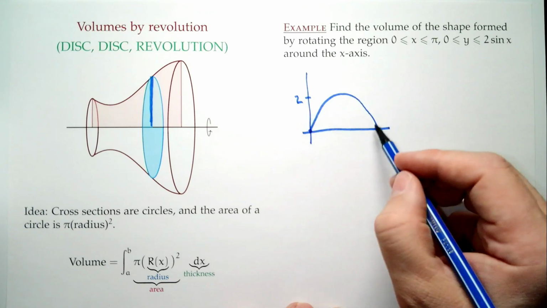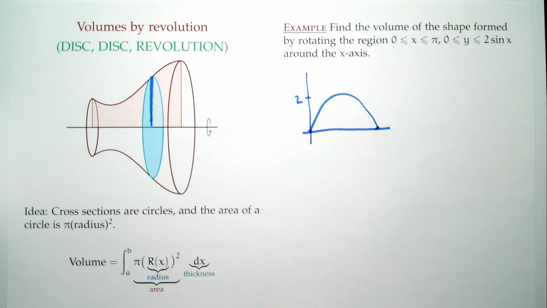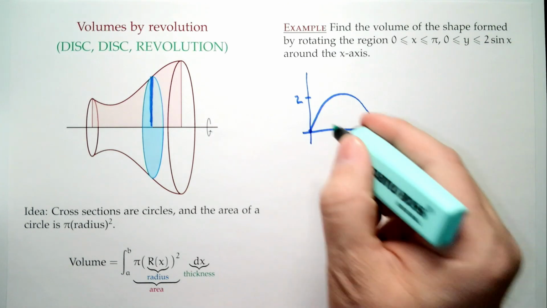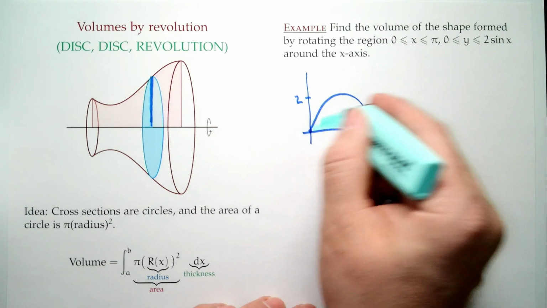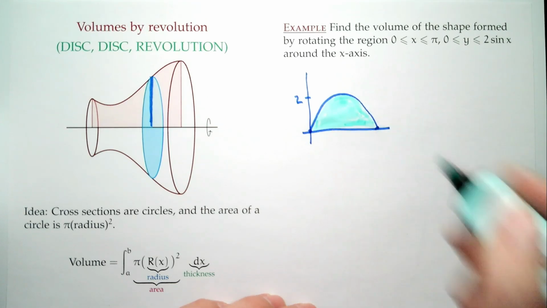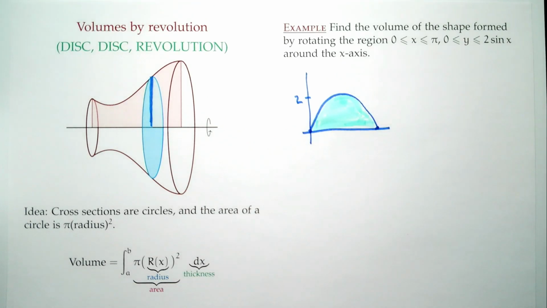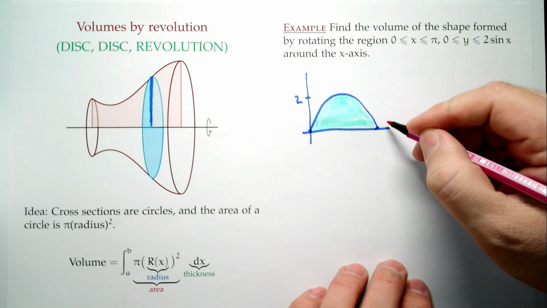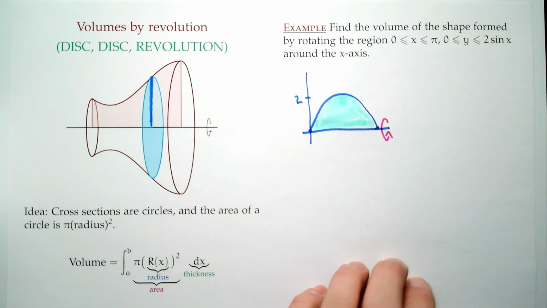And the sine curve is positive between 0 and pi, so our region is that region there. Now, go ahead and shade it in. Something like that. Okay. So we're going to take that region and spin it around the x-axis. I also like to mark where we're spinning around, just for reference. So there's where we're spinning around.